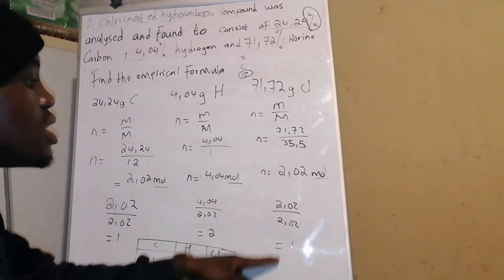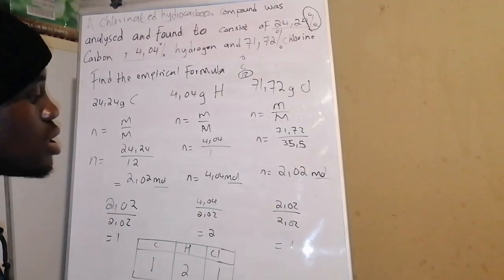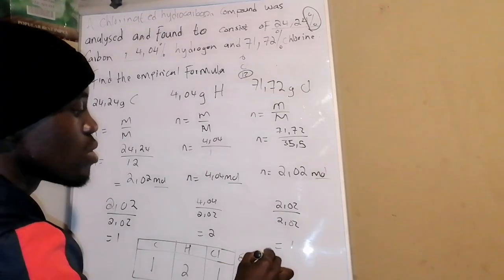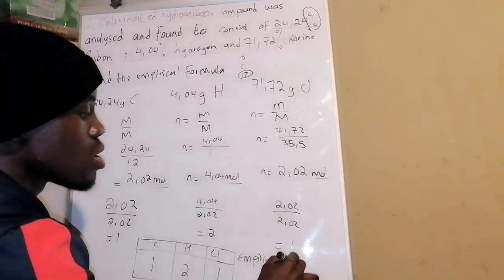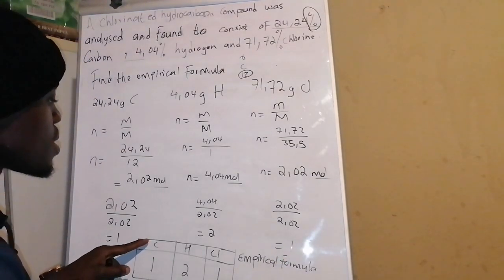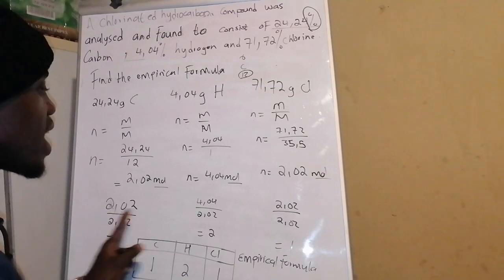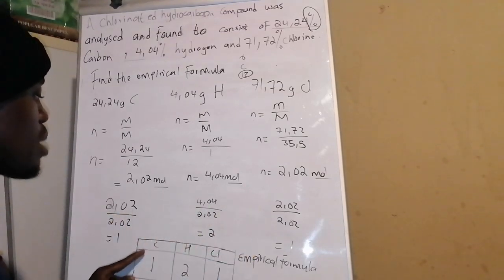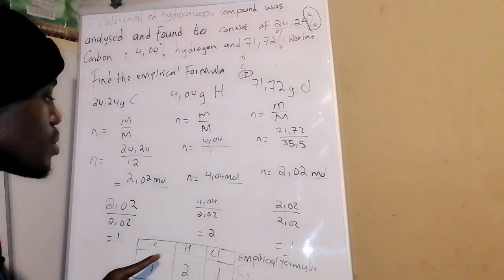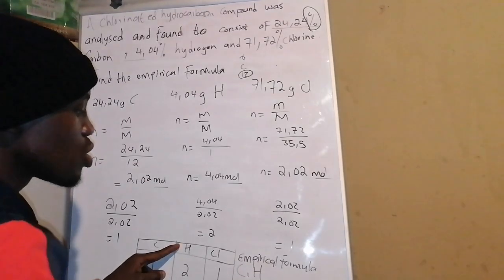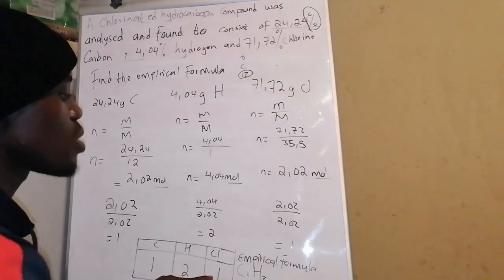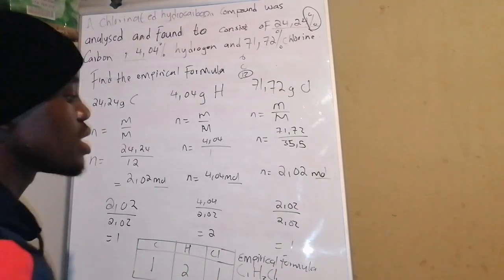Then for chlorine you got 1. Then the empirical formula is, in carbon you got 1, so you put 1 there. In hydrogen you got 2, you put 2 there. In chlorine you got 1, you put 1 there.